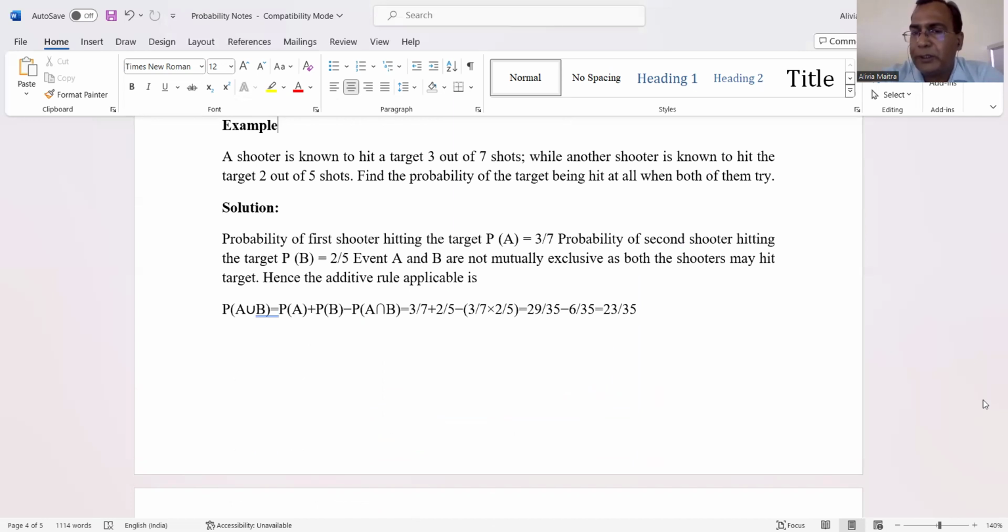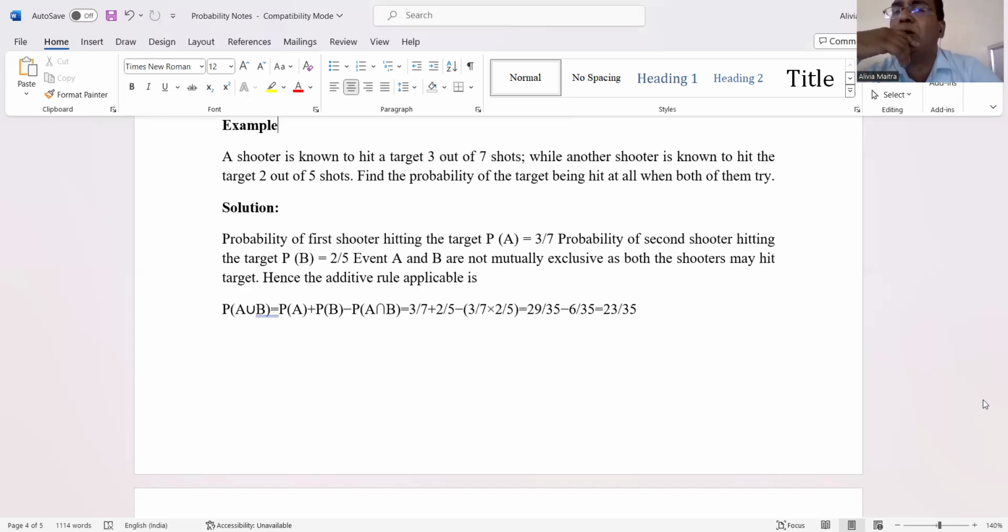Then the probability for the second shooter who hits the target is given by P(B) equal to 2 by 5. Now, the two events A and B are not mutually exclusive, as both the shooters may hit the target, that is, both the shooters can hit the target simultaneously.